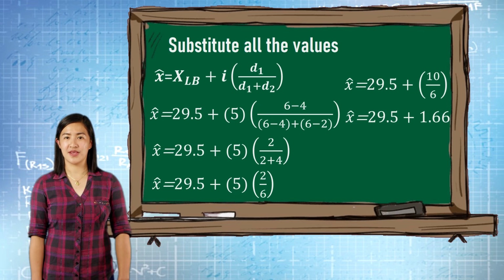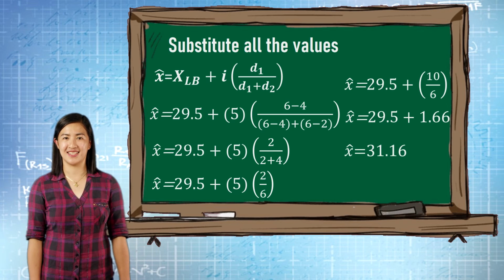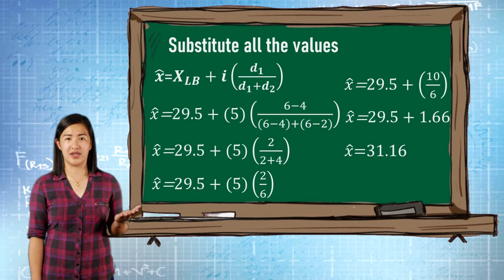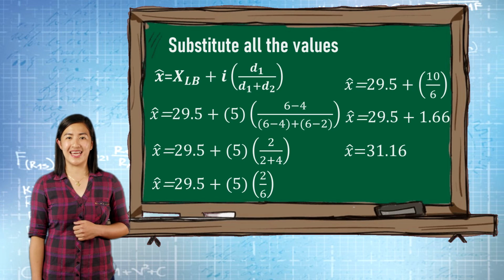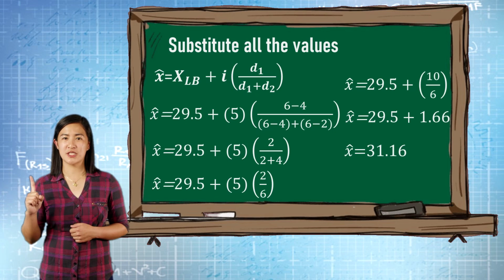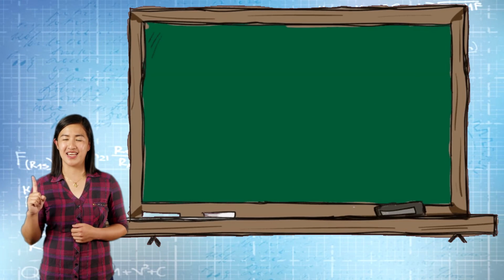Therefore, the mode is 31.16. This means that the interval 30 to 34 has the most frequent data in the dataset. Always remember to use PEMDAS rule in these kinds of solutions.